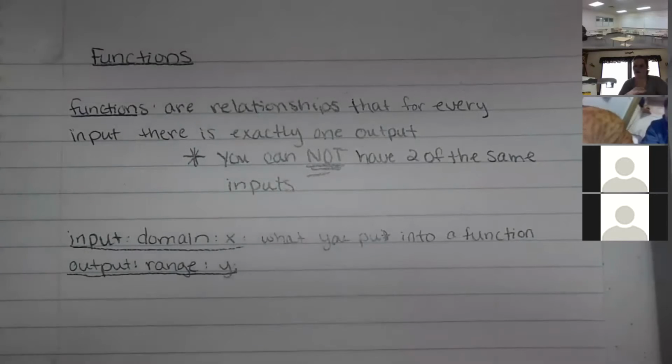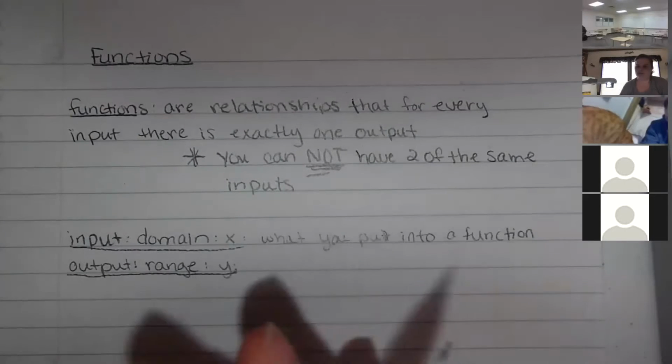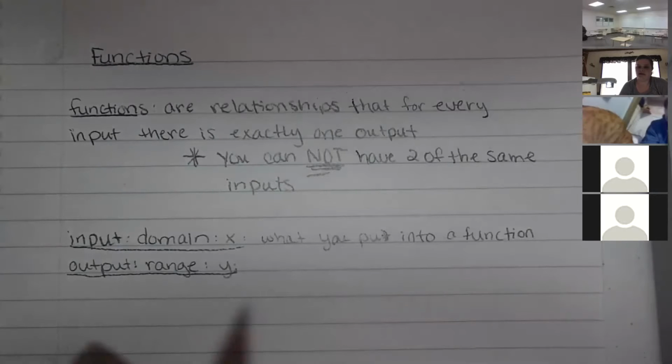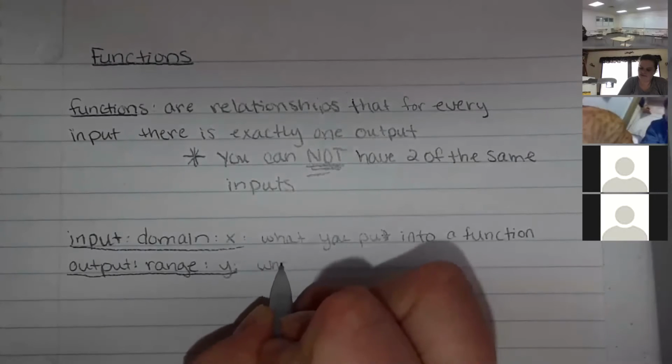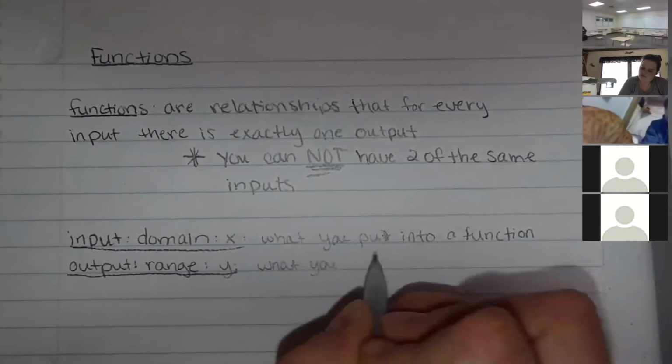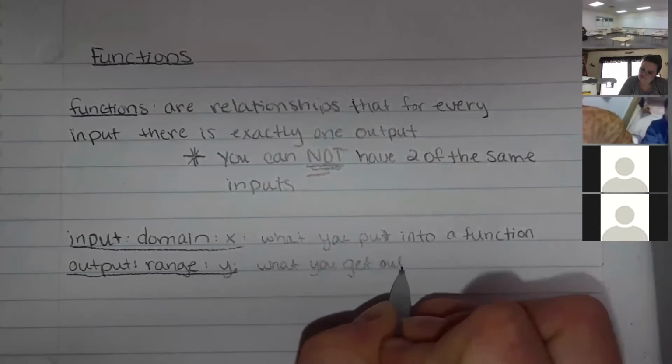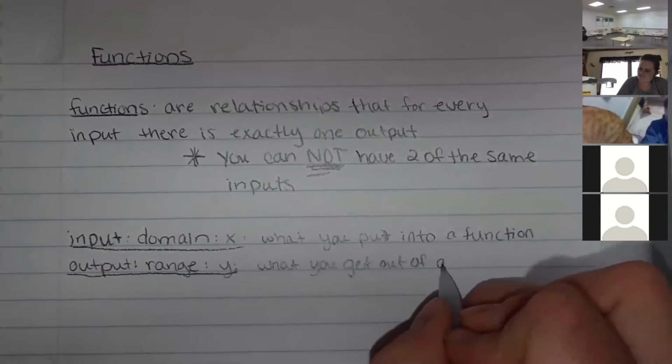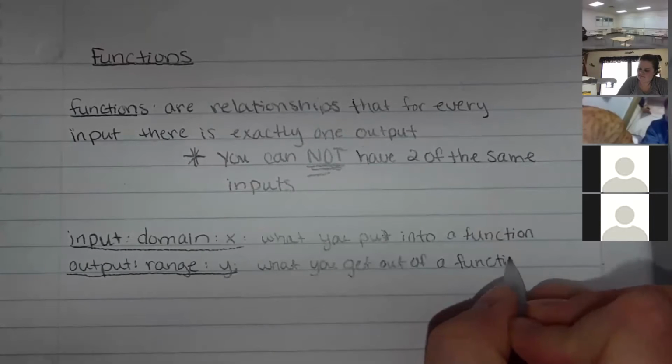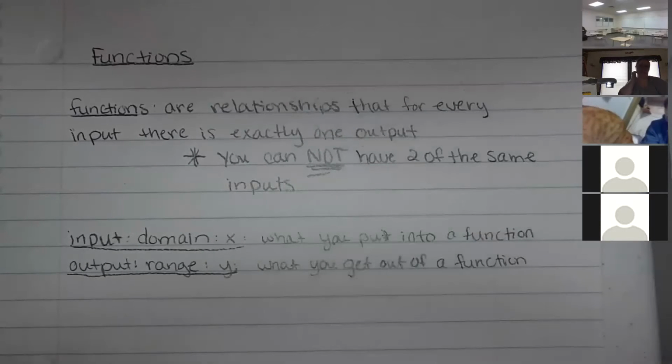So again, I'll use all three of those terms interchangeably, so you have to be ready for that. And that is what you get out of a function. Okay, so those are your notes so far for your functions.